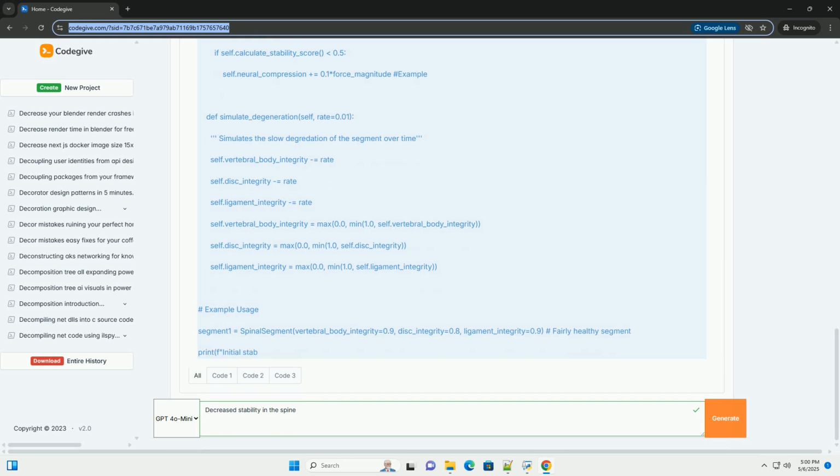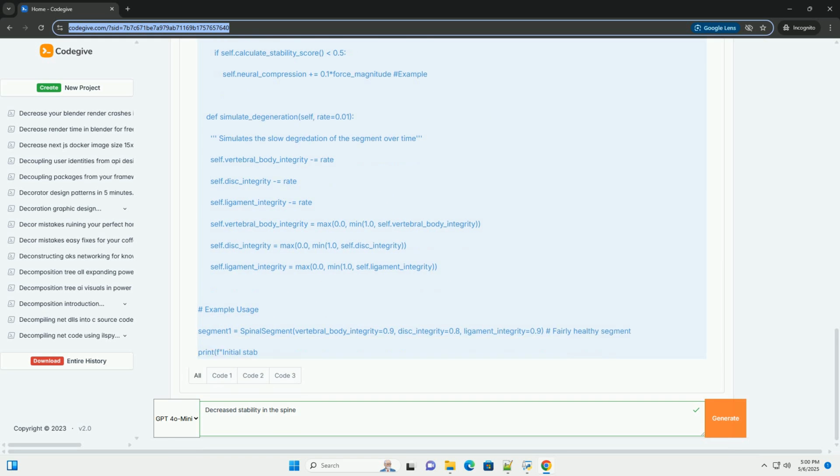2. Calculate stability score. This method attempts to calculate a very simplified stability score based on the integrity of the spinal components. This is a gross oversimplification. In reality, stability is a complex biomechanical property. 3. Apply force.